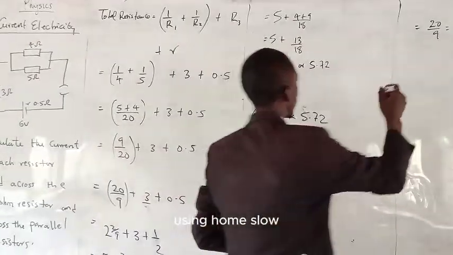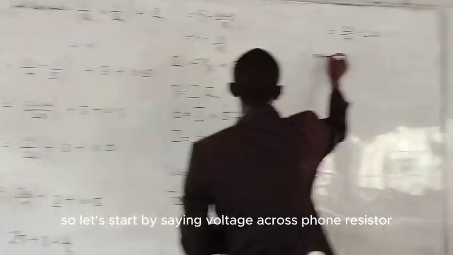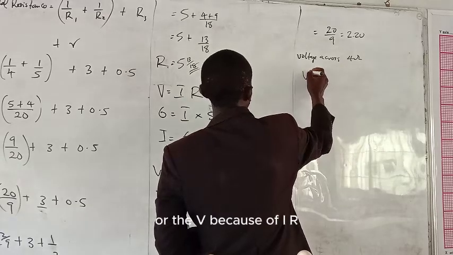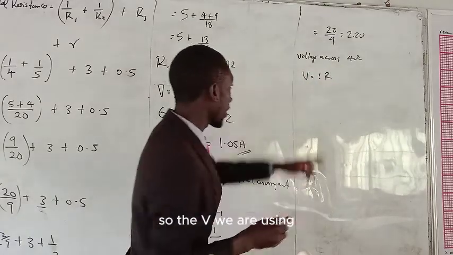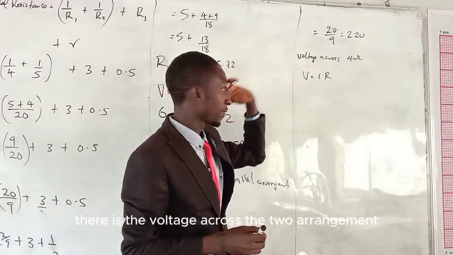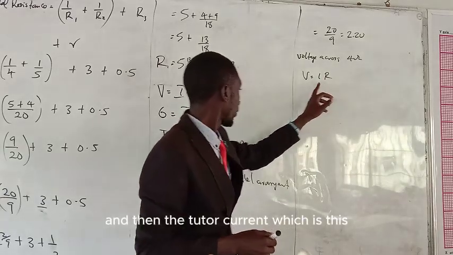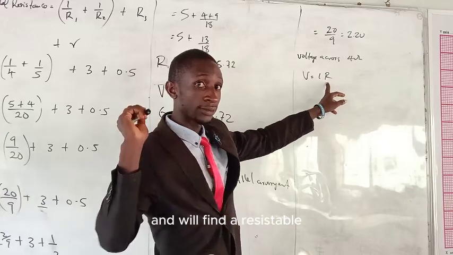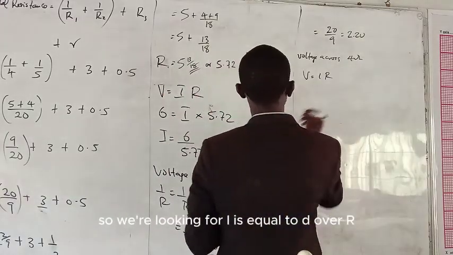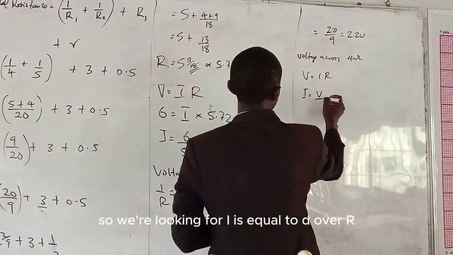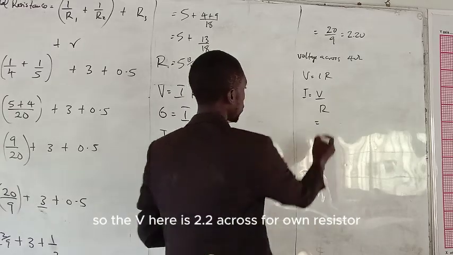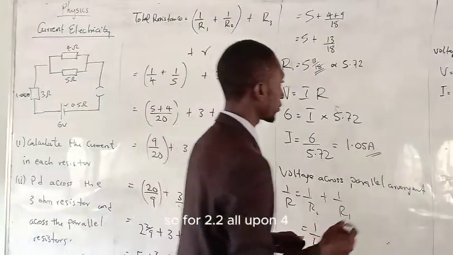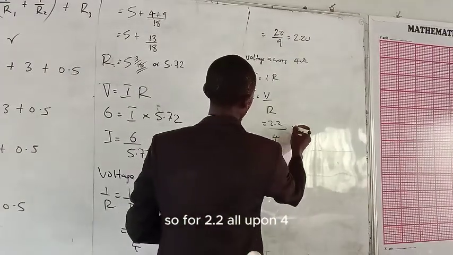Using Ohm's law. Let's start with the 4 ohm resistor: V equals IR. The V we are using here is the voltage across the two-resistor arrangement, and we'll find the current. So I is equal to V over R. The V here is 2.2 across the 4 ohm resistor, so 2.2 upon 4.